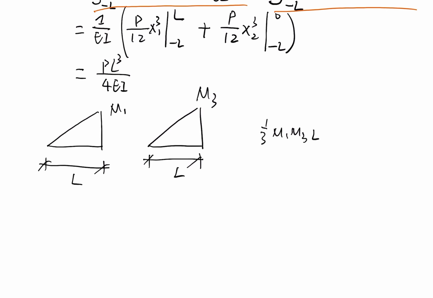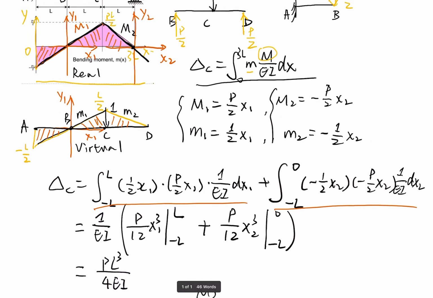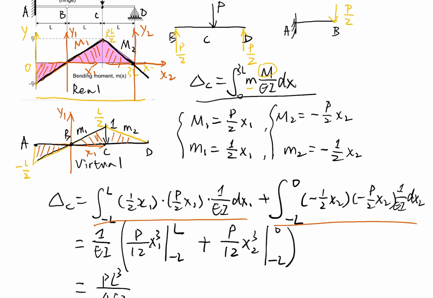And for the shape like this, with m1, an L shape like this, the integral is also 1 over 3 m1 m3 L. So once we have the real bending moment diagram and the virtual bending moment diagram, we don't need to calculate the expression for capital M1 or small m1.